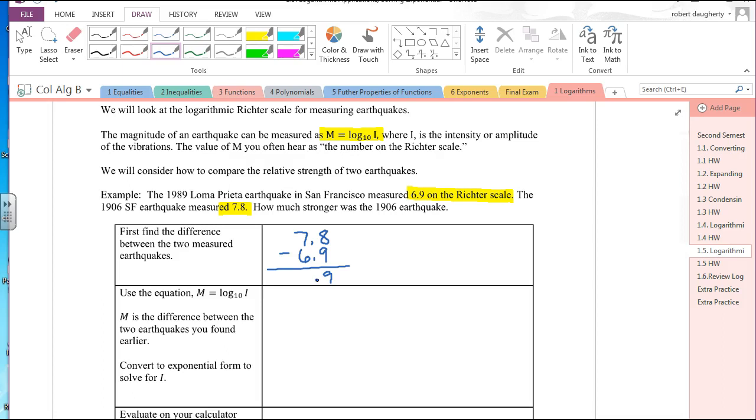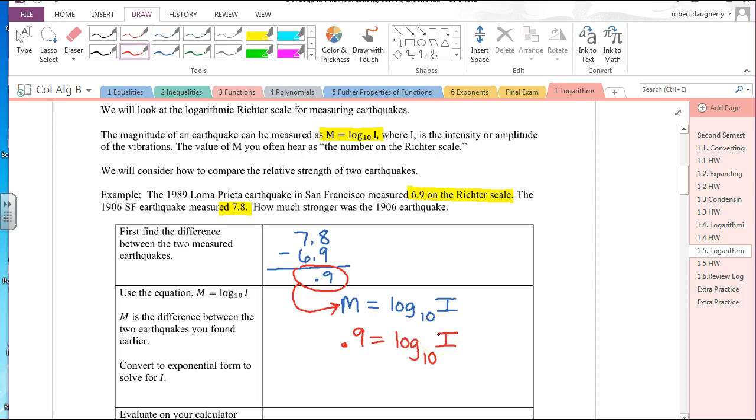And now I'm going to use this equation, M equals the log base 10 of I, and this number that I have right here is going to be substituted in for the magnitude. So I've got 0.9 equals the log base 10 of I.